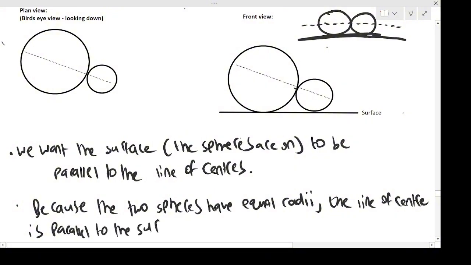Because if they weren't the same radius, then that would force the line of centres to be sloped like that. That's not what we want. We want it to be matching the surface. Anyway, so it's parallel to the surface.